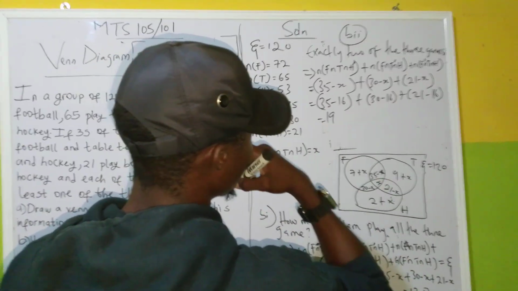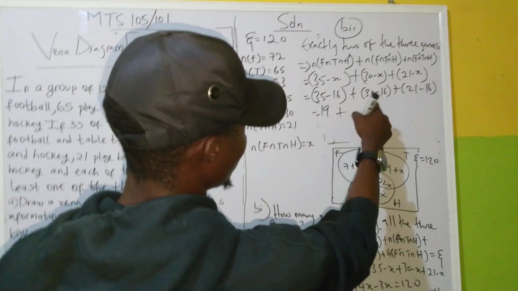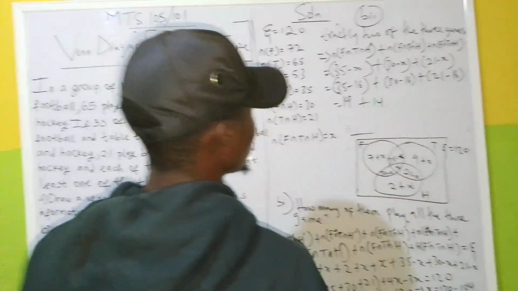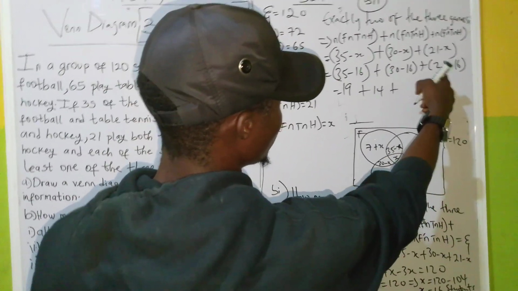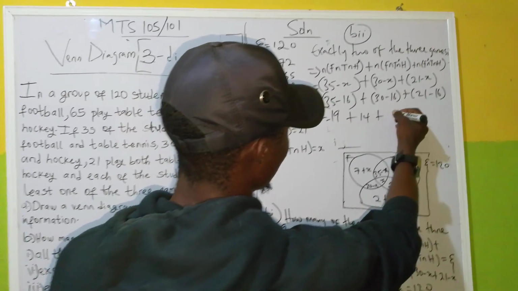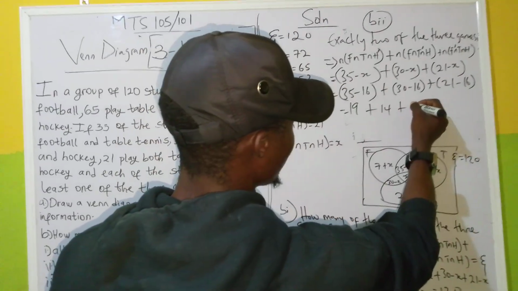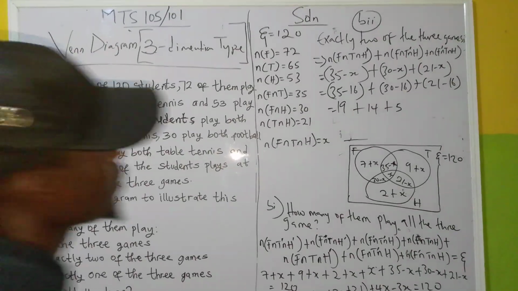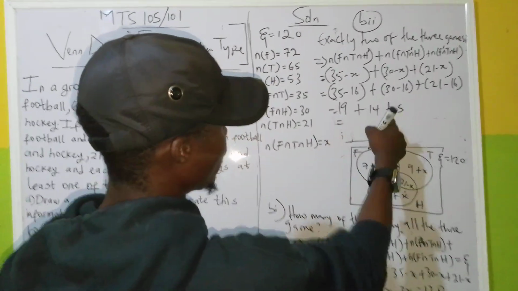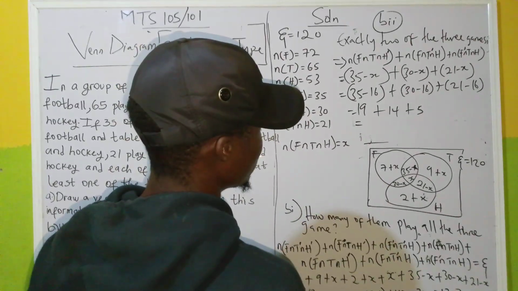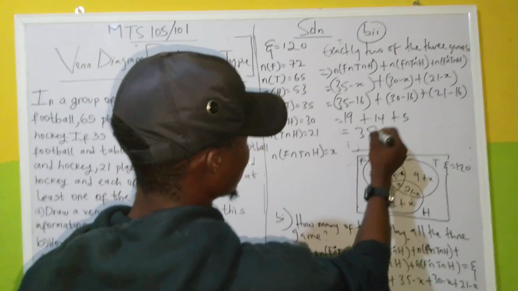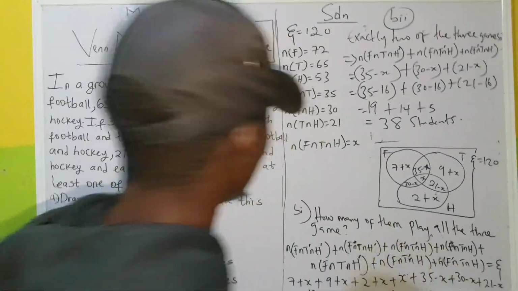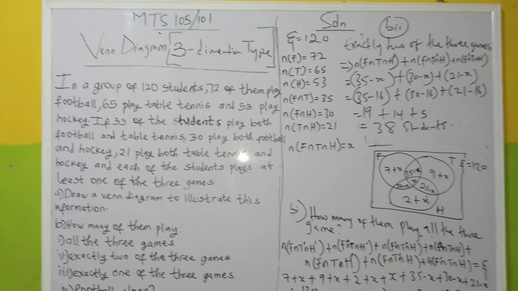Plus 30 minus 16, that's 14. Plus 21 minus 16, that's 5. Is that clear? So by the time we add these together, 19 plus 14 plus 5, that's 38. So this is 38 students, okay? That's our answer for that.